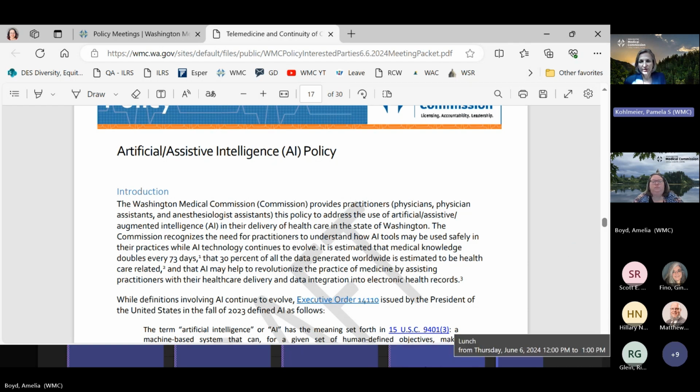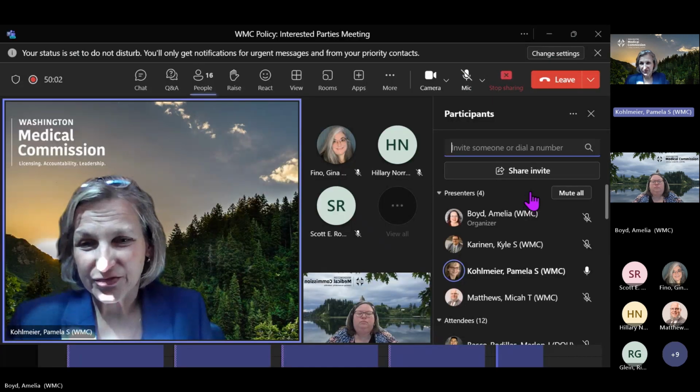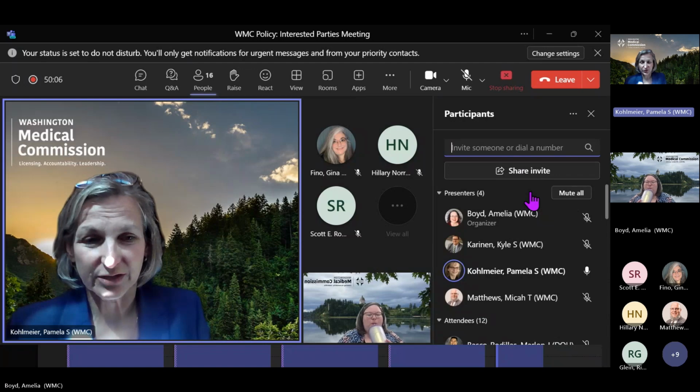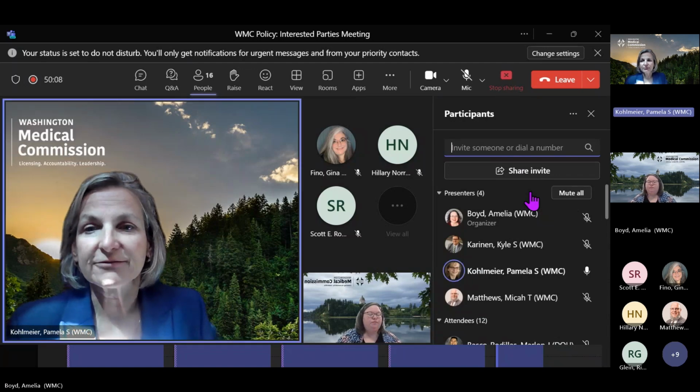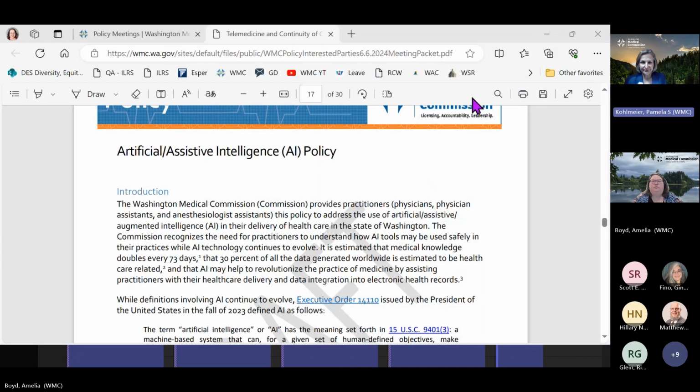But we are really looking for input to get language that we're happy with at the moment, that seems reasonable and helpful, while not being so constricting in a way that is unfair to providers and confusing for patients. So looking for input, especially if you understand technology.